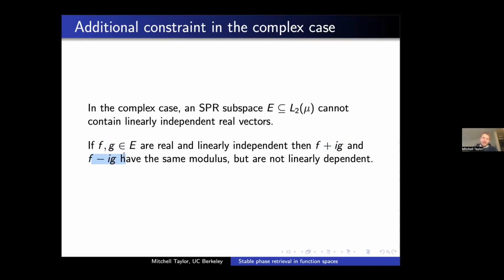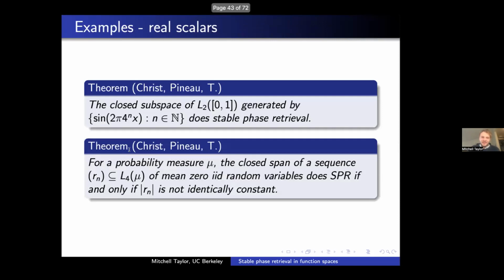Okay. And if you look at the last slides, sine is clearly a real function. I didn't state it, but I was assuming I'm working with real valued functions here.